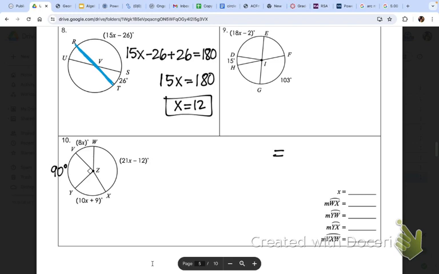Can you please try that with people at your table, and when you're done, you're going to plug back in for x, right? Which we've done in geometry all year long. And then you should know all the arc measures. Okay, ready to go. Okay, if you know that x is 7, then you can plug into your other stuff.